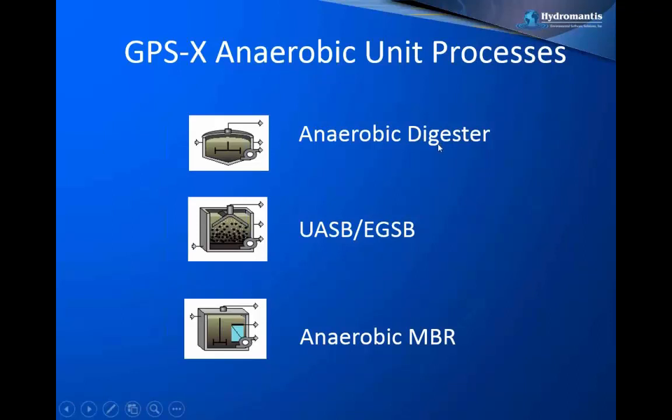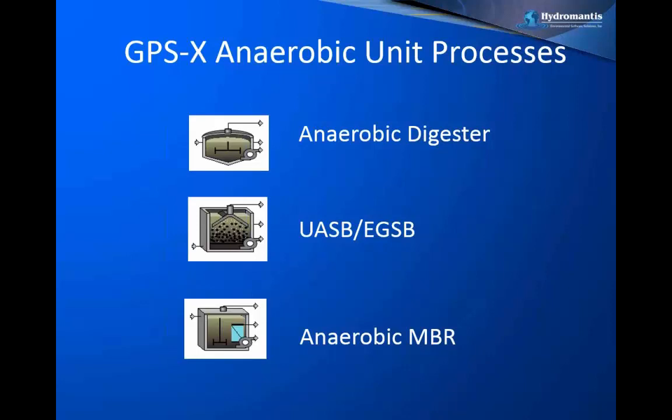This is a typical unit process that is used in the solids processing system. We have UASB and EGSB reactors and the anaerobic MBR, and both of them find their utility in high-strength wastewater, especially soluble in nature.